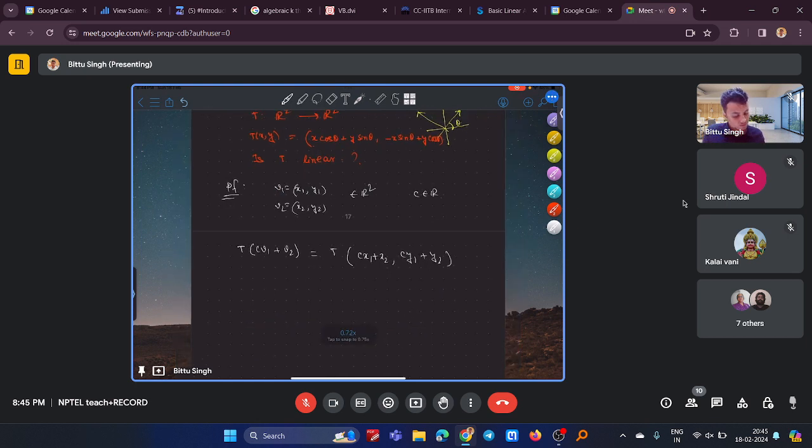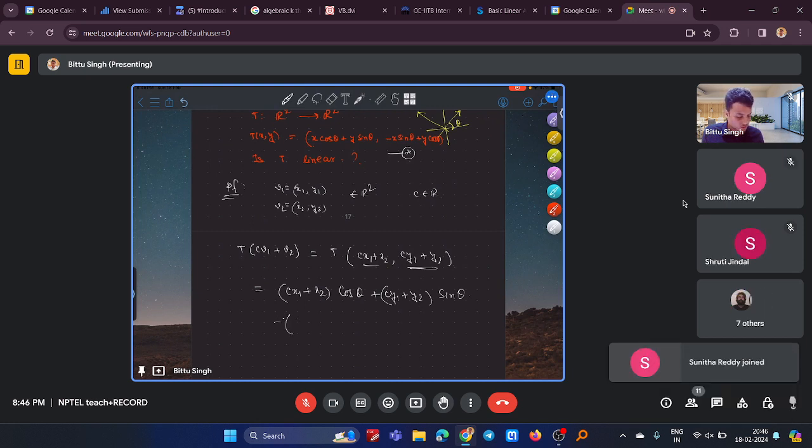Now if we apply the transformation by this star, we get the first one times cos theta, that is, cx1 plus x2 times cos theta, the second one times sin theta, cy1 plus y2 times sin theta, minus the first one, cx1 plus x2, times sin theta, plus the second times cos theta.